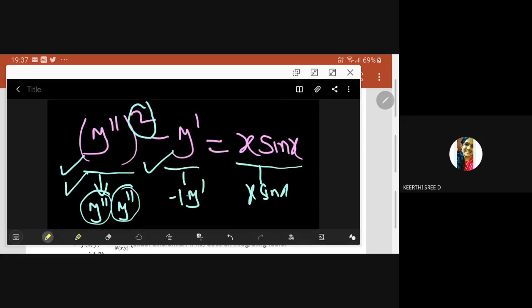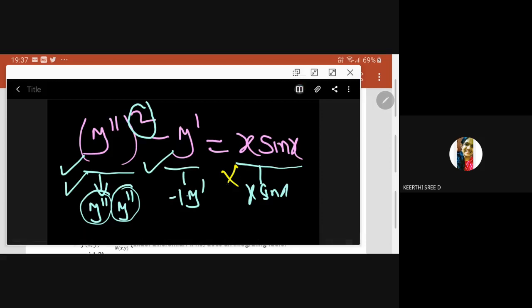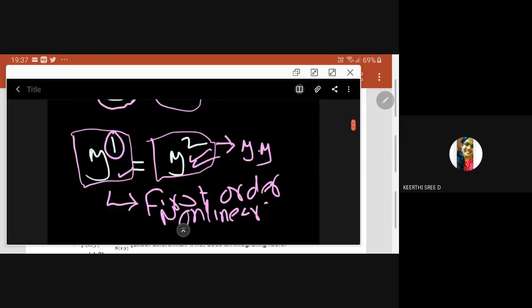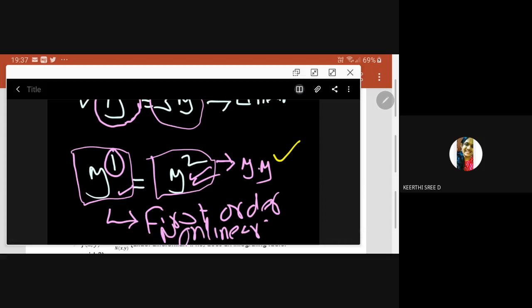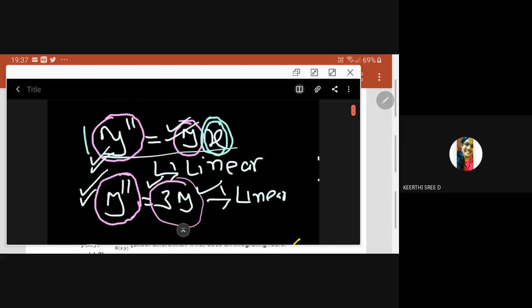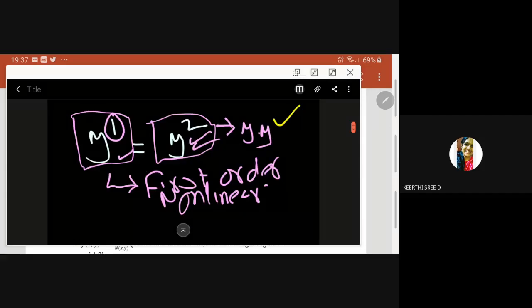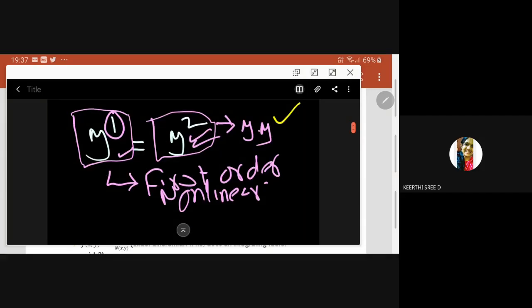We will see what the examples are here. Is there any first order equation here? This is first order. And here both are second order. So we have seen only one example of a first order equation here.